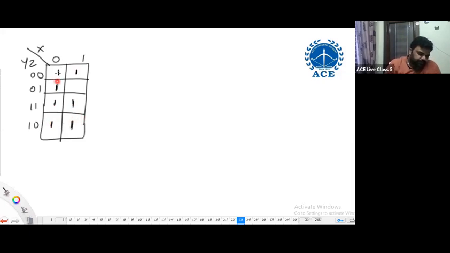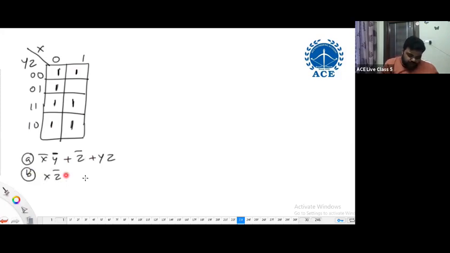Most of you might have done this; it is very simple. Let me write the options also. Option A is X bar Y bar plus Z bar plus YZ. Option B, X Z bar plus Z plus Z Y bar. Option C, XY plus Z plus Y bar Z. Option D, X bar Z bar plus YZ.